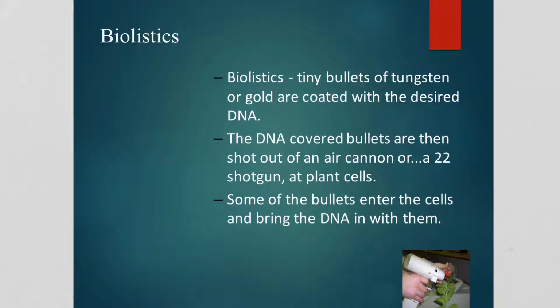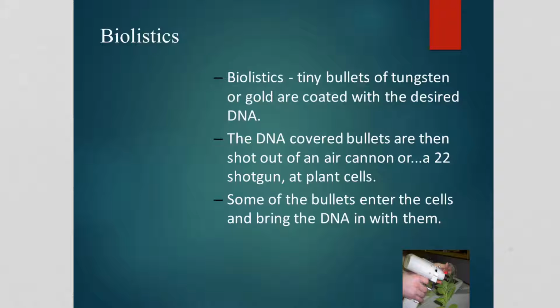They would shoot these bullets, very, very small, at the plant cell, and some of those bullets are small enough to enter the cell and bring the DNA with them. So they literally shoot DNA at the plant cells in hopes that some of them pierce the plant and make their way in. So this is actually a pretty cool method.